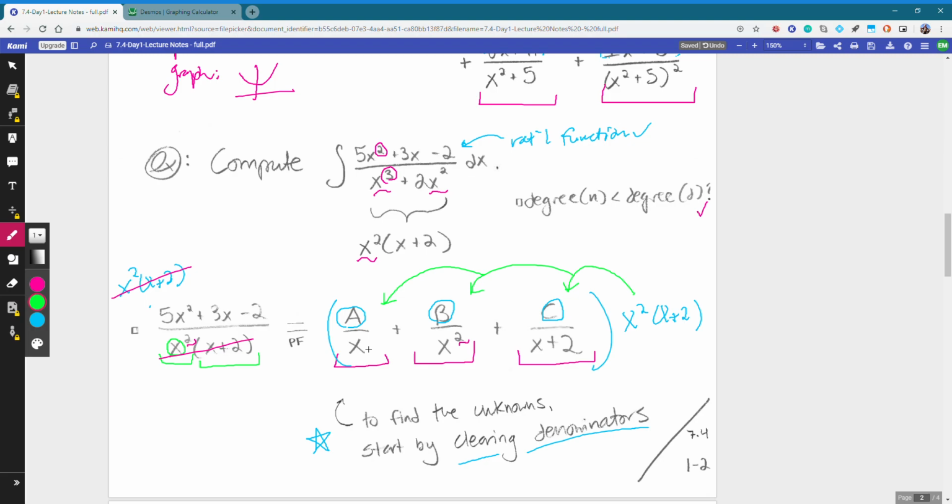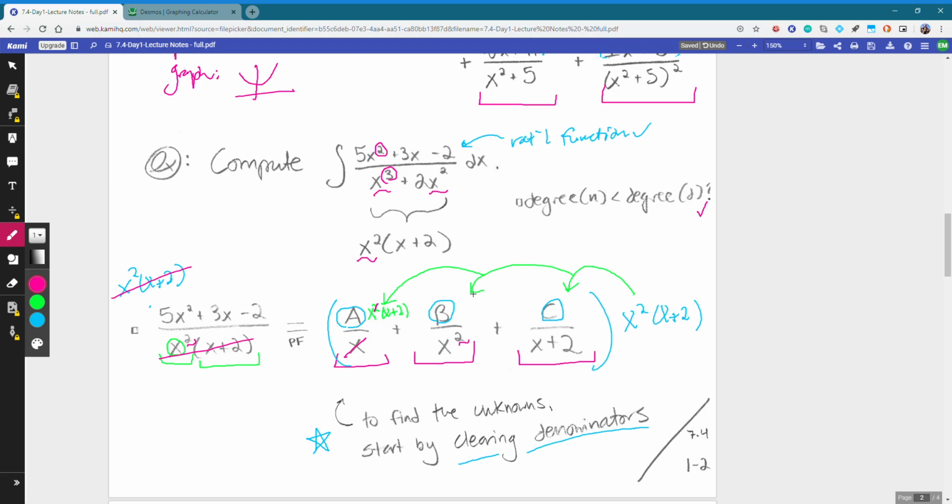In this a over x term, let me write it in here so we can see it. All right, so we'll get a x squared times x plus 2. And here, just one of these x's is going to cancel off with the x in the bottom. We'll be left with x times x plus 2.